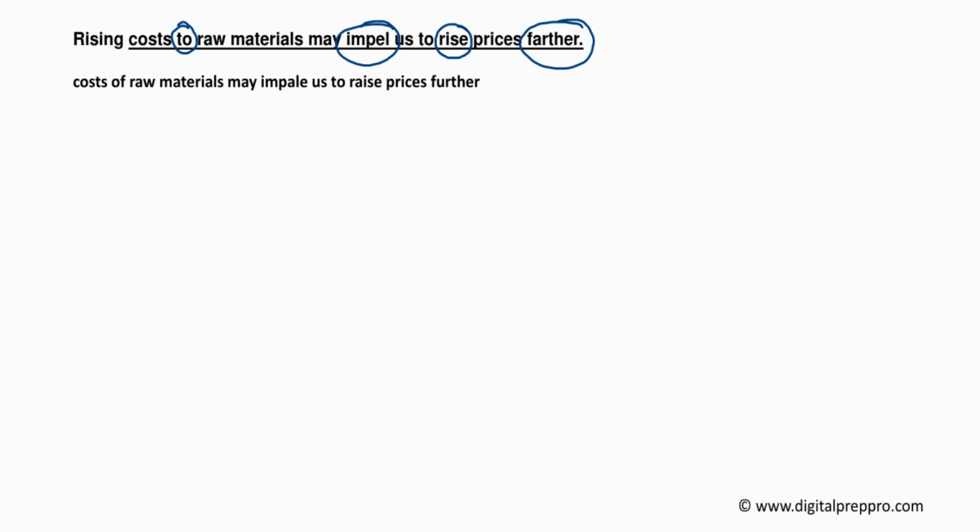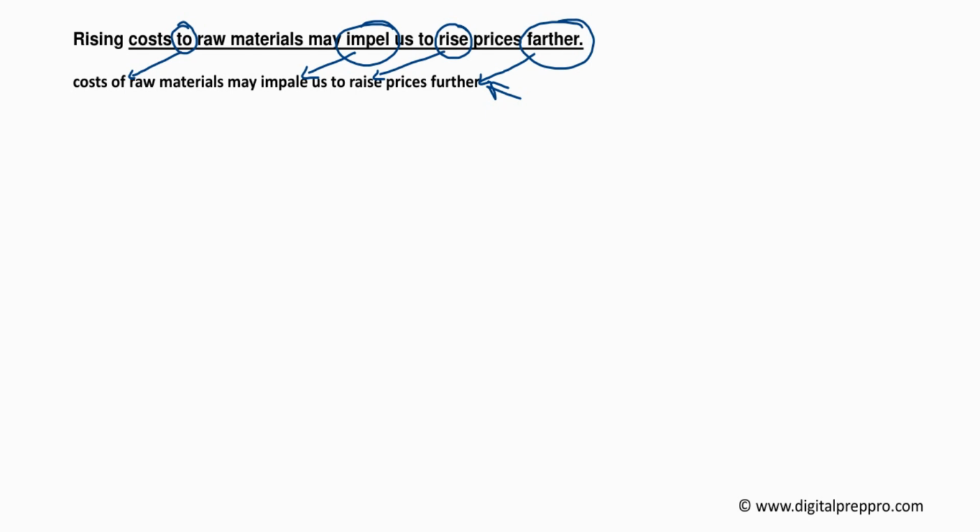If I substitute the underlined portion of the first sentence with the second clause, these four words will change. Cost is changed to of, impel is changed to impale, rise is changed to raise, and further is changed to farther. So how does this change the meaning of the sentence?